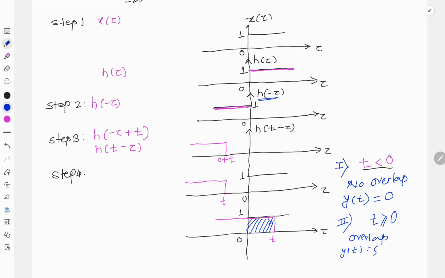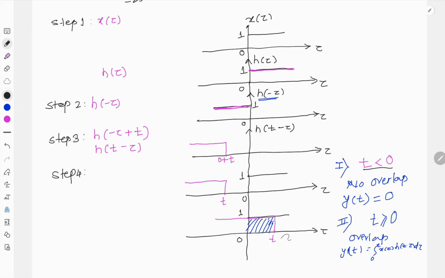Now this integration will have the limits 0 to t. So these limits are for the shaded region where the overlap exists. So it is integration 0 to t, x of tau into h of t minus tau d tau. Now we are supposed to evaluate this integration to obtain the value of y of t for this particular condition.